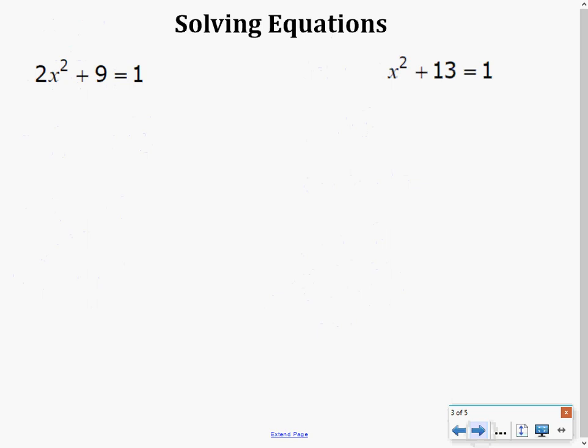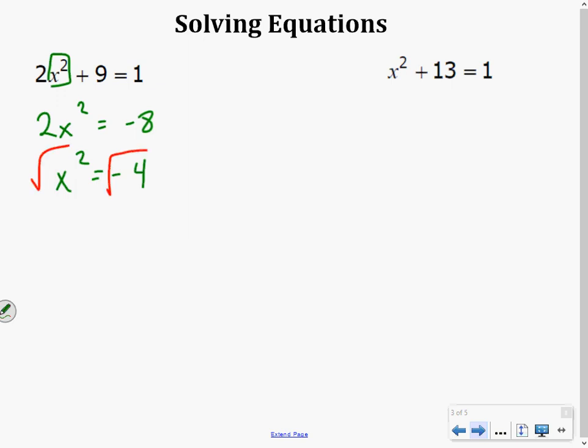So let's look at some equations that have that involved. Okay, we're still going to use our square rooting method because we're missing the bx part. So we're going to isolate x squared. I'm going to subtract 9 first, and then divide by 2. And then we're going to square root. Okay, and before we said that's an issue because we can't square root negative numbers.